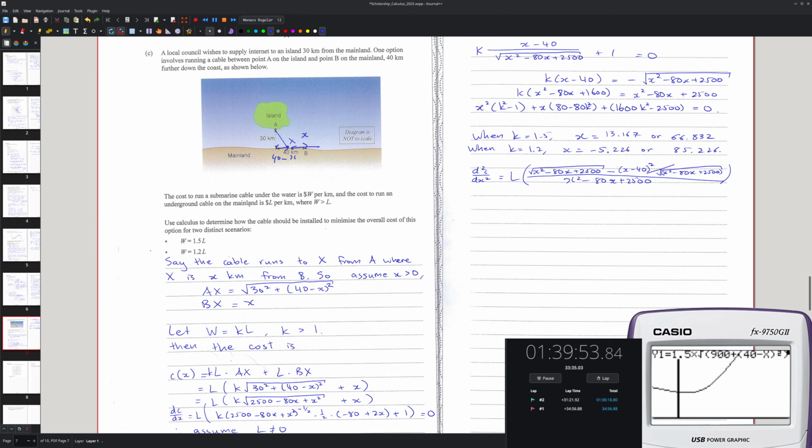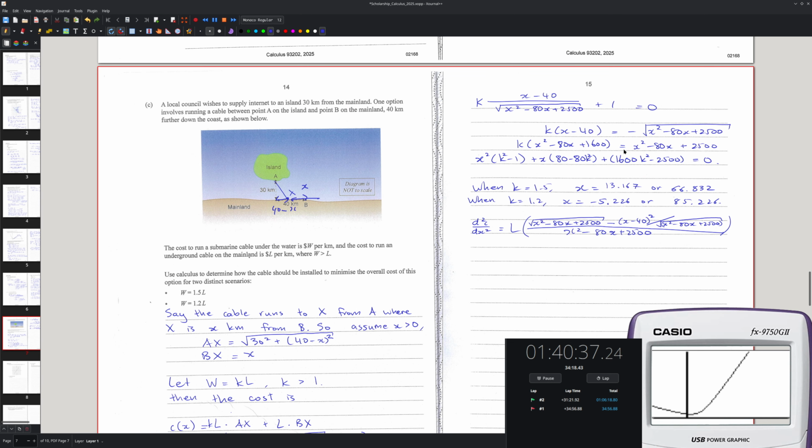Oh, wait. So the other solution is fake then.